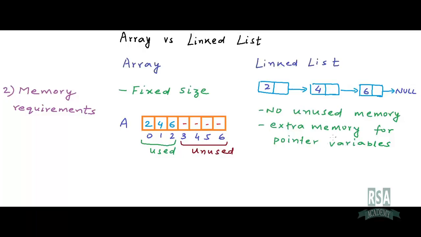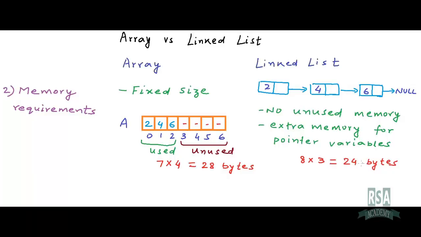In a typical architecture, let's say integer is stored in 4 bytes and pointer variable also takes 4 bytes. So if you see, the memory requirement for this array of 7 integers is 28 bytes, and the memory requirement for this linked list would be 8 into 3, where 8 is the size of each node, 4 for integer and 4 bytes for the pointer variable.